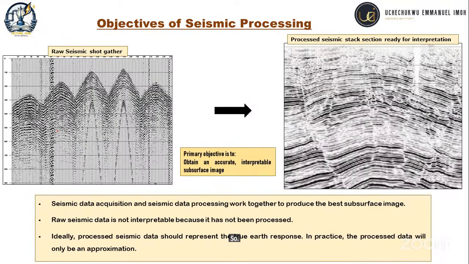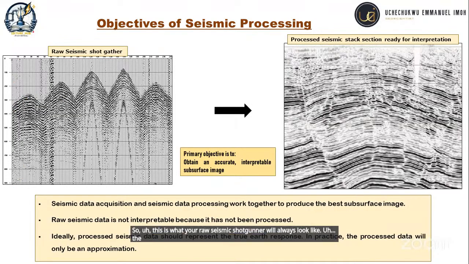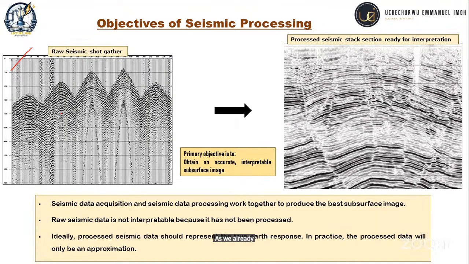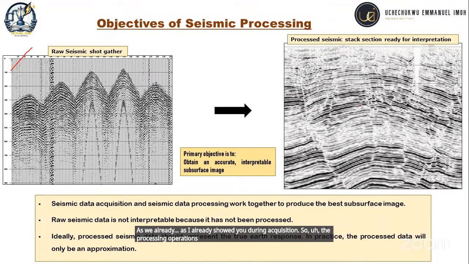So this is what your raw seismic shot data will always look like, the image on the left, as I already showed you during acquisition. The processing operations bring it to what is on the right. On the left is a shot gather, and then a stack section to the right.